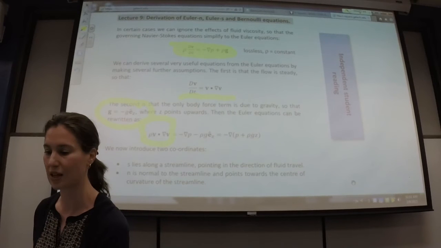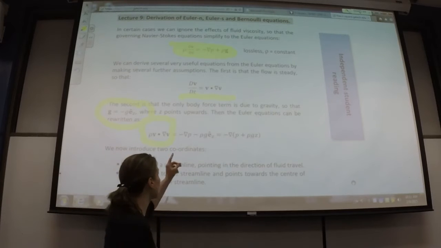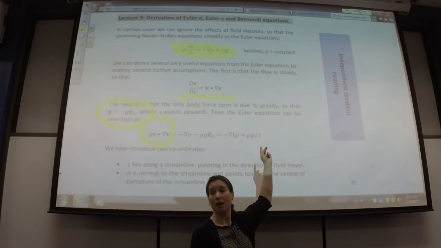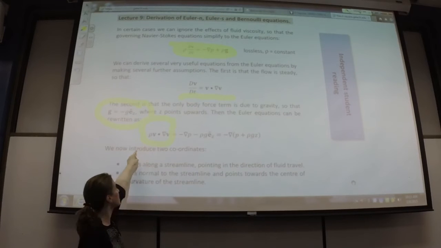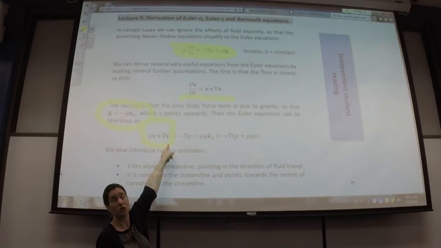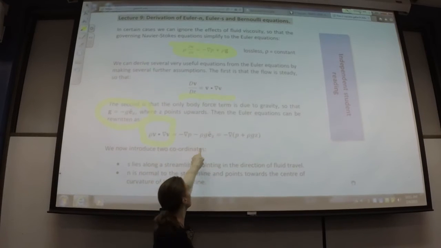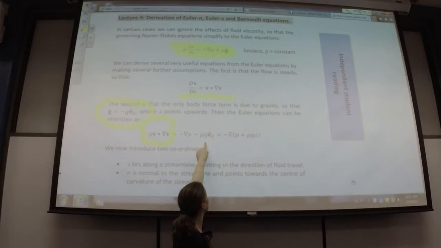So we've taken our substantial derivative and we've made it into the velocity dot product with the gradient of velocity here. So that right-hand side then just becomes rho times this expanded form of the substantial derivative. And then we're going to consider just the z component for our gravitational force.